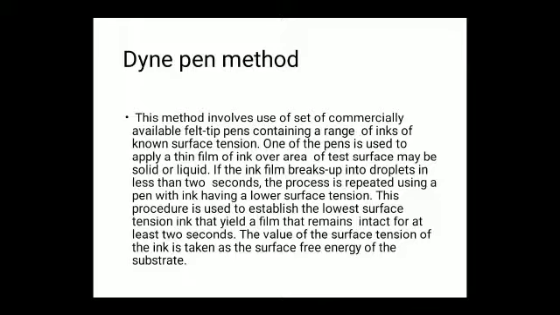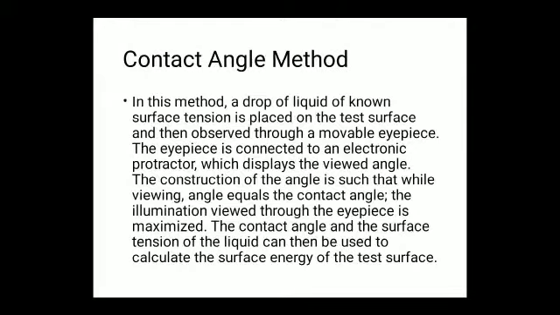This procedure is used to establish the lowest surface tension ink that yields a film that remains intact for at least 2 seconds. The surface tension of that ink is taken as the surface free energy of the substrate. This method gives fast results and is a quick and easy determination.